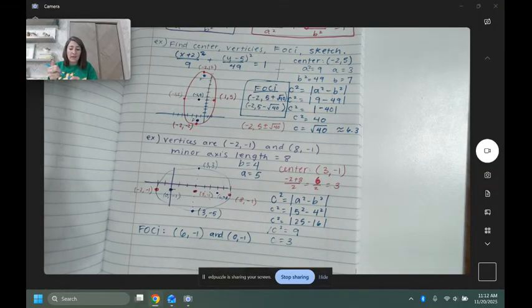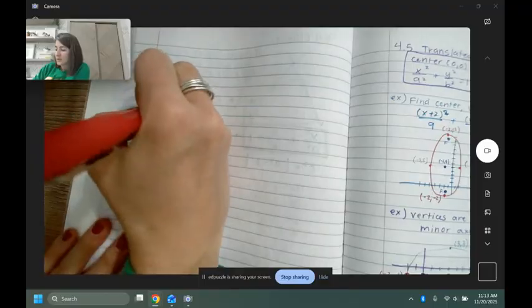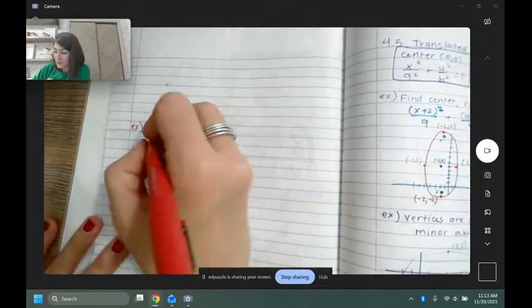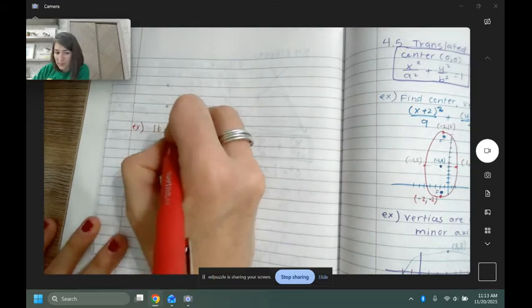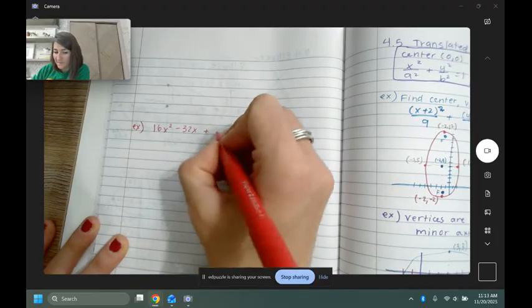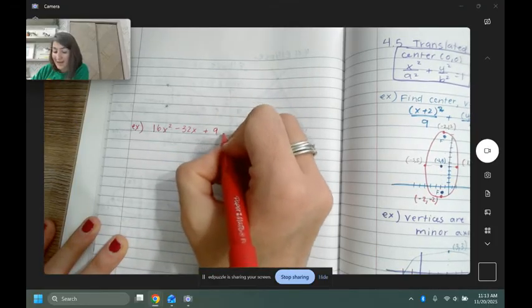Awesome. All right. So these are examples of ellipses. I do want to give you 2 examples here of if an ellipse was not written in standard form and you needed to complete the square to get it into standard form. So if I were given an equation for an ellipse, you know it's an equation for an ellipse if there's both a y squared and an x squared.